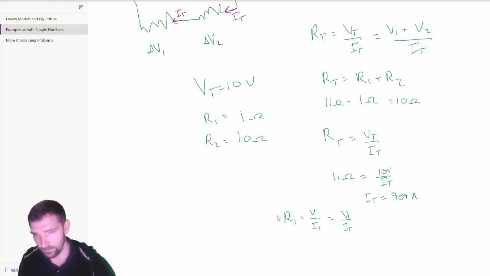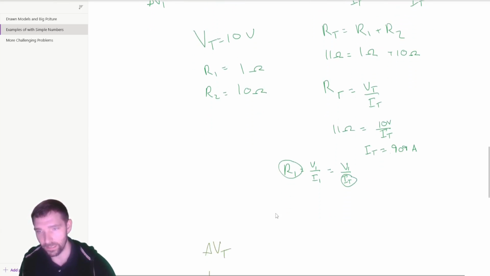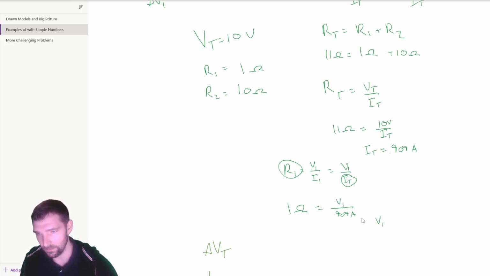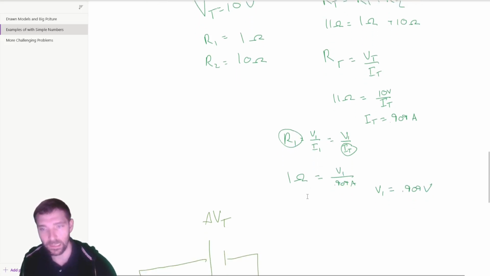And we've got now V1. So we have this and we have that, so we should be able to solve for that. So I believe the first resistance, yeah, it was 1 ohm. And the IT is now this 0.909 amperes. And then we've got that V1. So I think V1 now is 0.909 volts.